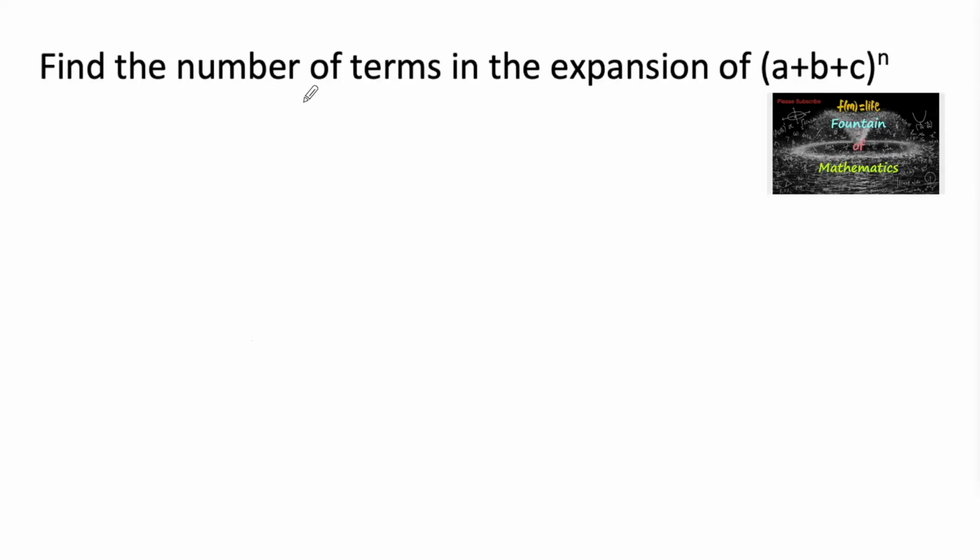Find the number of terms in the expansion of (a plus b plus c) whole to the power n. Let us write this in binomial expansion form, a plus (b plus c) whole power n.